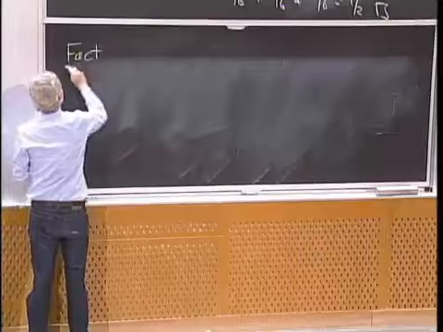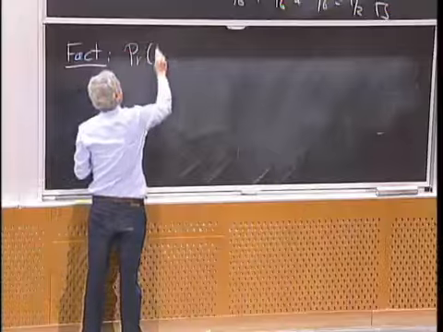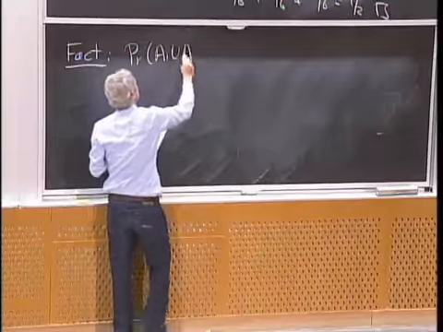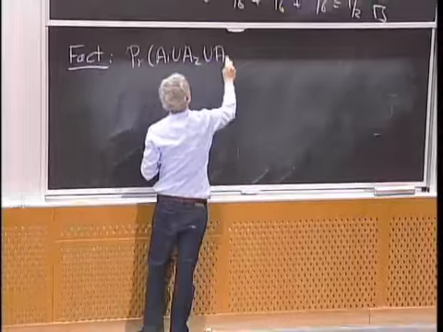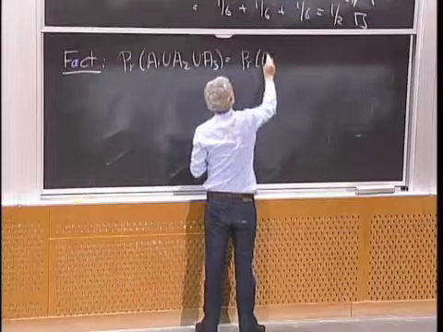So this is a fact based on the inclusion-exclusion principle. The probability of A1 union A2 union A3 is just what you'd think it would be from inclusion-exclusion.